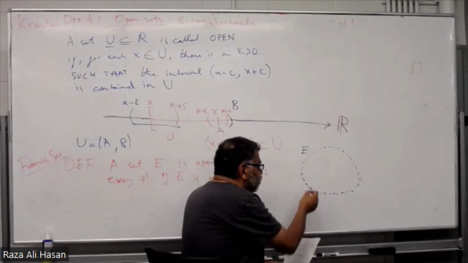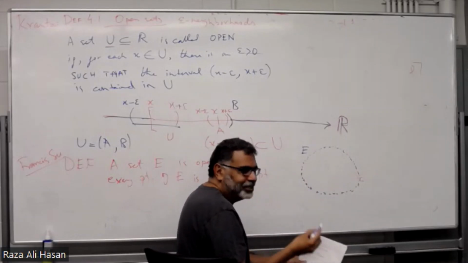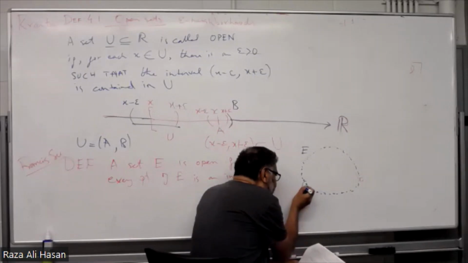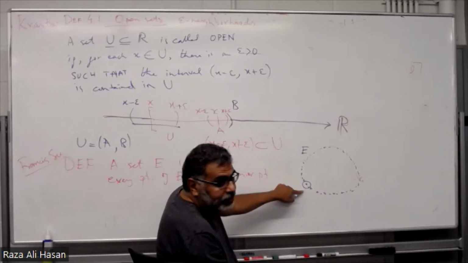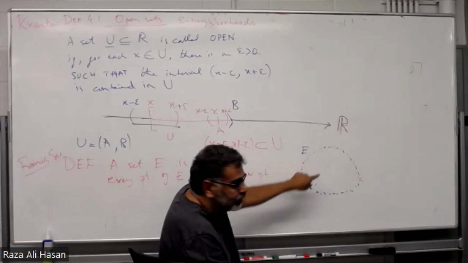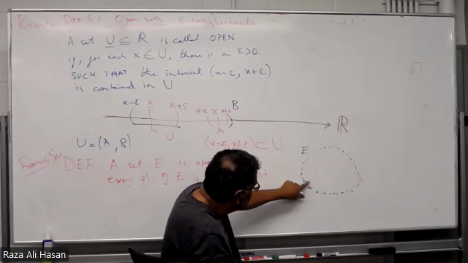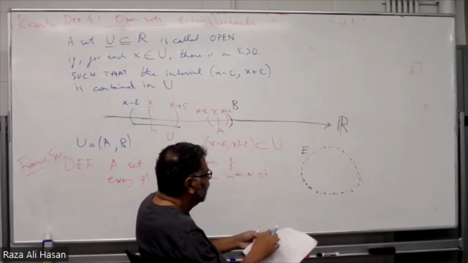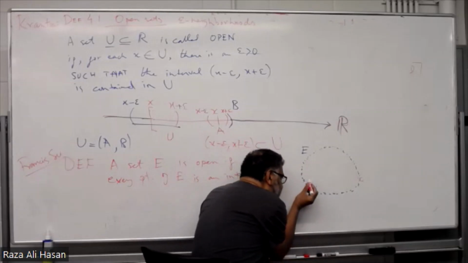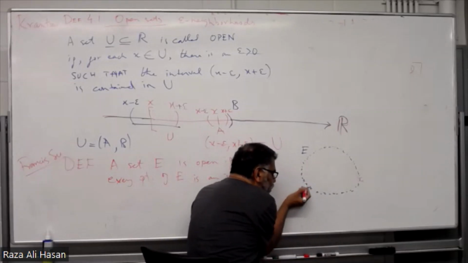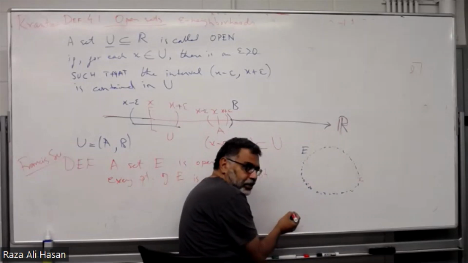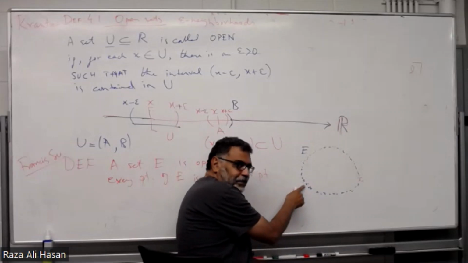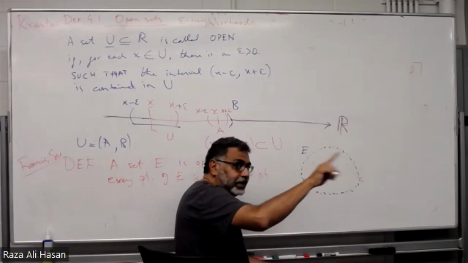If boundary points were included, then we would end up with this situation, which is not fully contained in set E. So we don't get that. The only points we can consider are the ones right next to the boundary point, but between this interior point and the boundary point, there are infinitely many. So we can always find the radius.